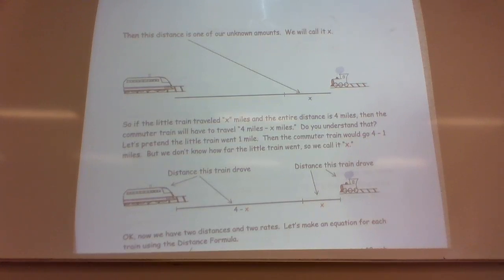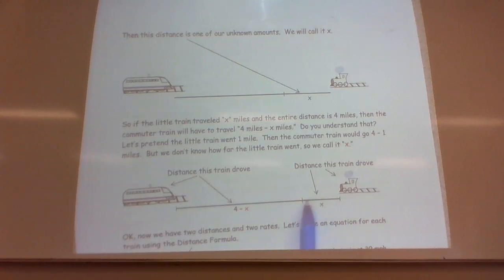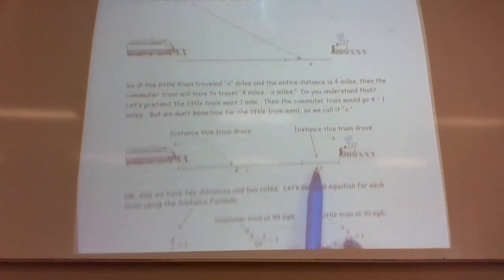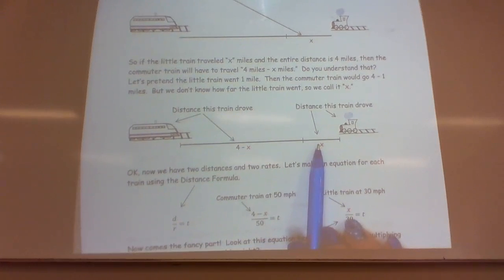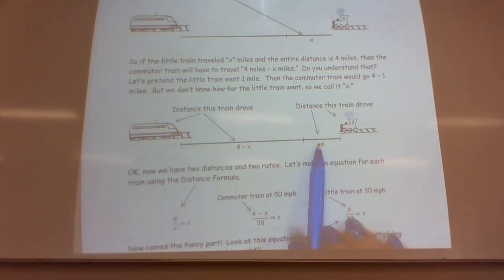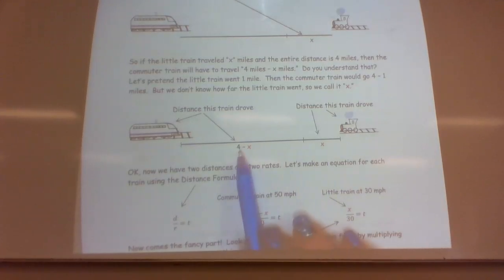That's because we're calling this the distance, and this is 4 minus the distance that the little train has already traveled. We don't know how far this little train went, so we're going to substitute that with X.